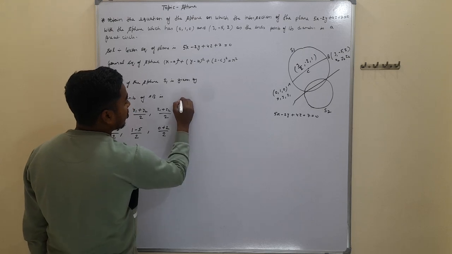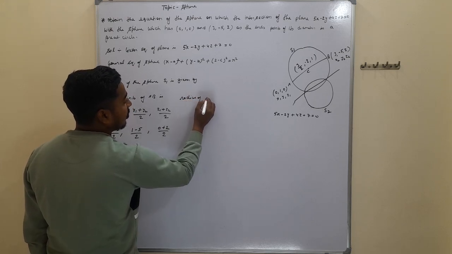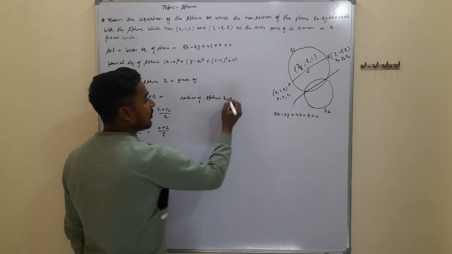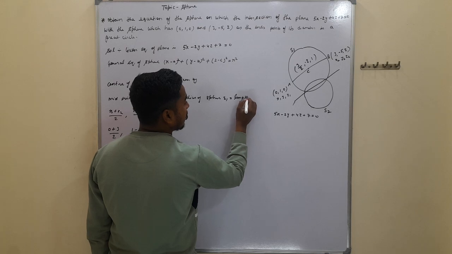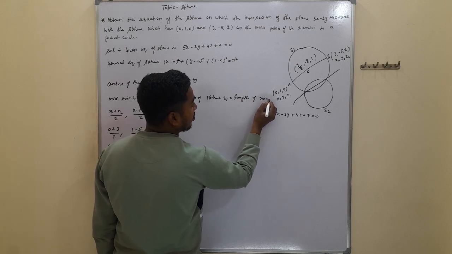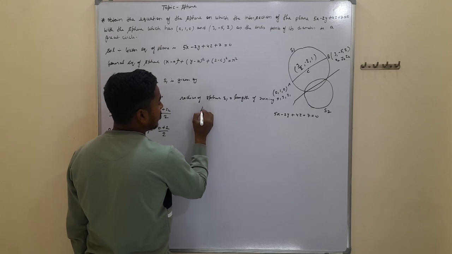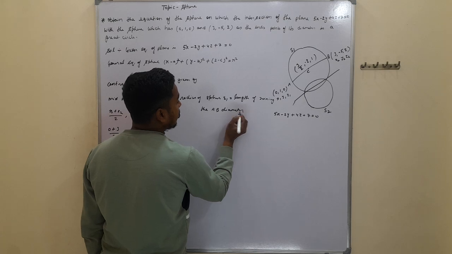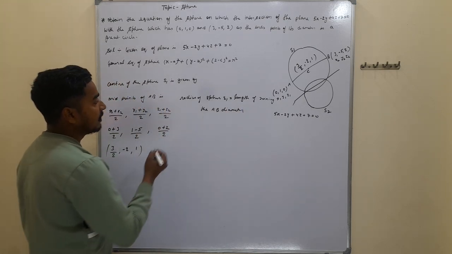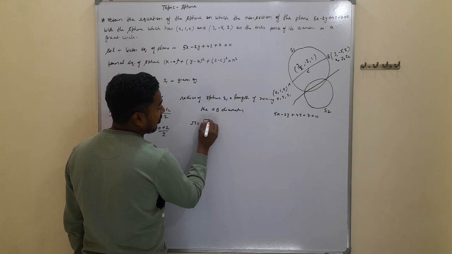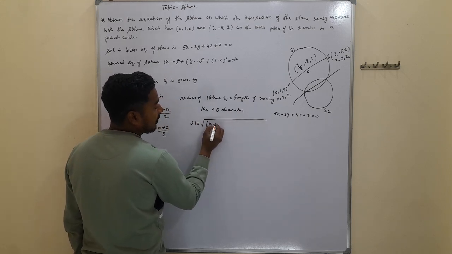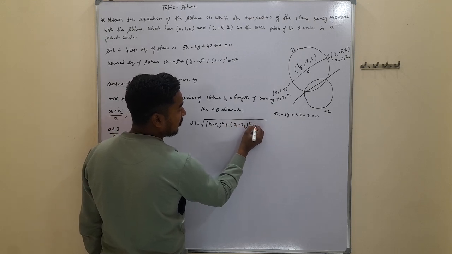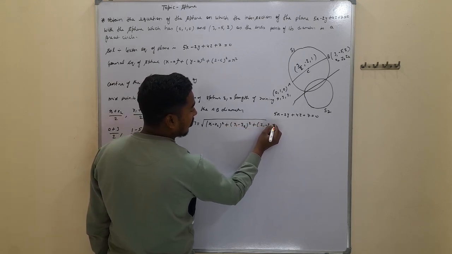Further we have to find the radius of the sphere S1. The radius of sphere S1 is equal to the length of the line joining the AB diameter. So this is given by r is equal to under root of (x1 minus x2) whole square plus (y1 minus y2) whole square plus (z1 minus z2) whole square.